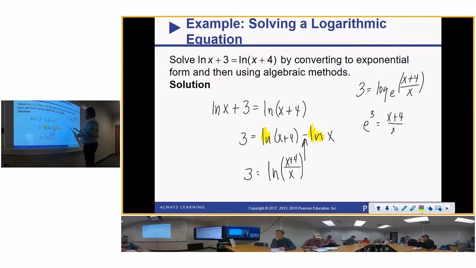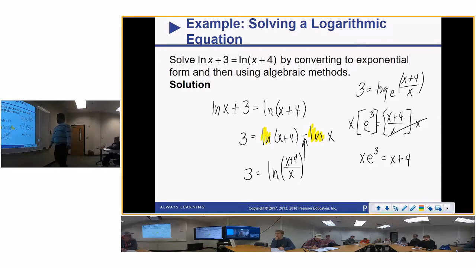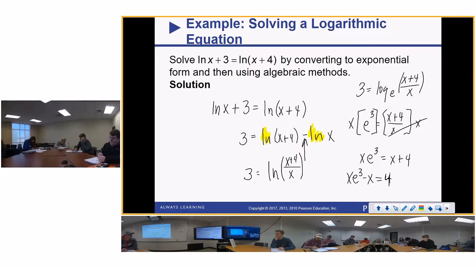Now multiply both sides by x. Oh, this is going to turn out right or not. So x e to the third is equal to x plus 4. Bring the x over to the other side. We're going to have to factor out. So x e to the third minus x is equal to what? 4.